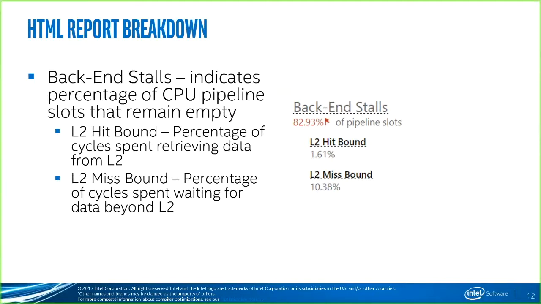And under backend stalls we have two metrics, L2 hit bound and L2 miss bound. L2 hit bound reflects the number of L2 memory requests that were satisfied in L2, multiplied by the average cost of this hit, so we're showing the percent of cycles that were occupied by this.